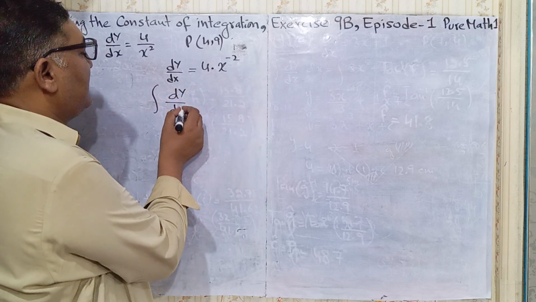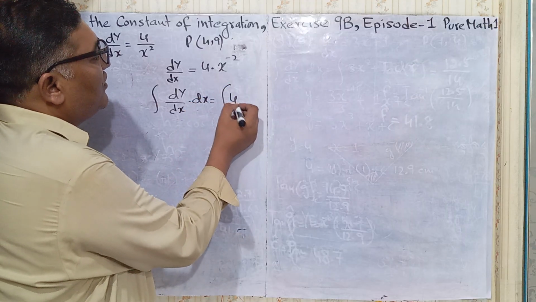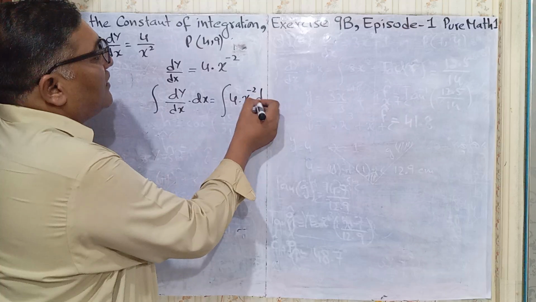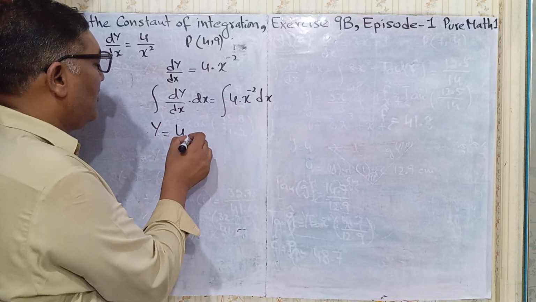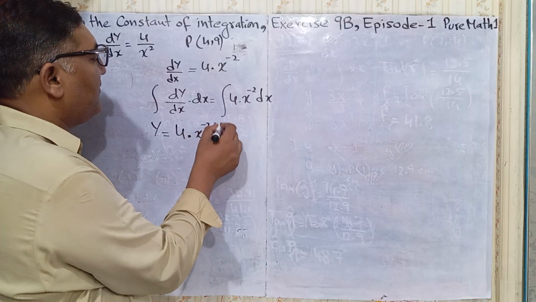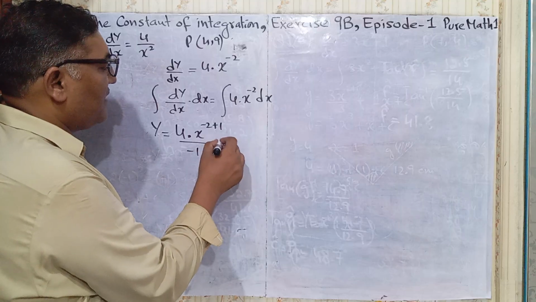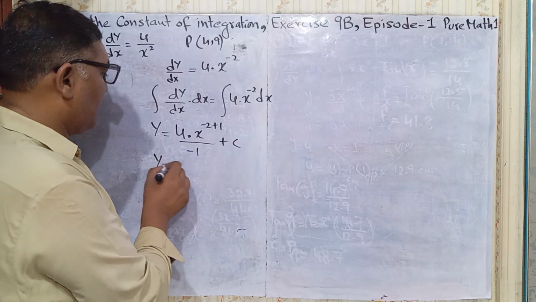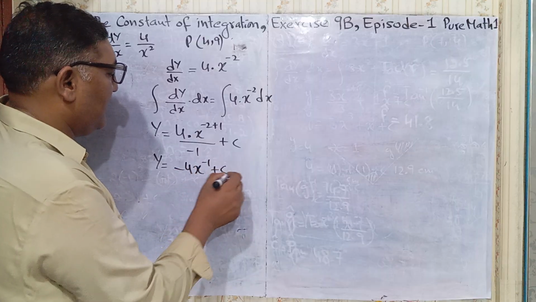Integral of dy by dx into dx is equals to the integration of 4 into x to the power minus 2 dx. So this will become y equals to 4. The power will be increased by 1, and that's minus 1. So it will divide by the minus 1, plus c. So y will be equals to minus 4 x raised to power minus 1 plus c.